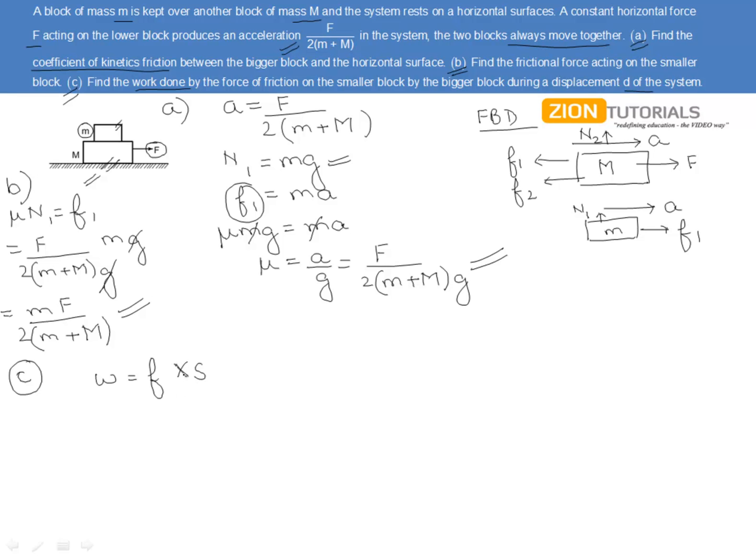Don't misunderstand it as the cross product, because it is actually the dot product. Here the displacement is d, which has been given in the question itself. So putting it here, we get the force, which is the frictional force that we found out in the second part, as mF over 2M plus m, and the distance given as d, giving us the total work done by the frictional force.